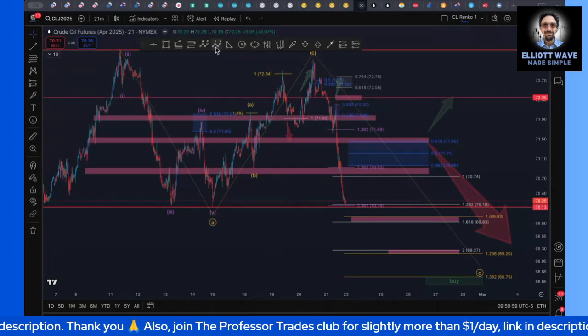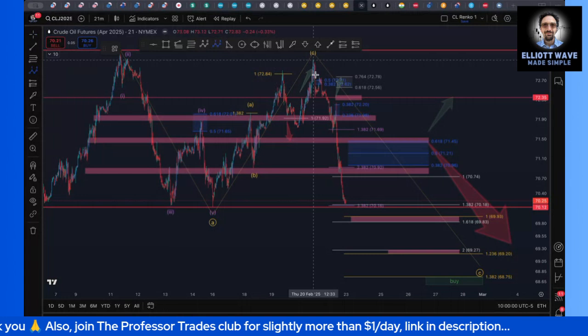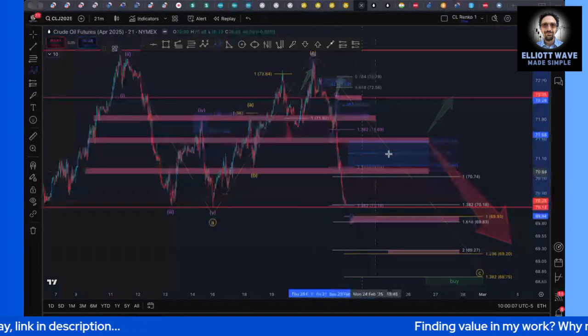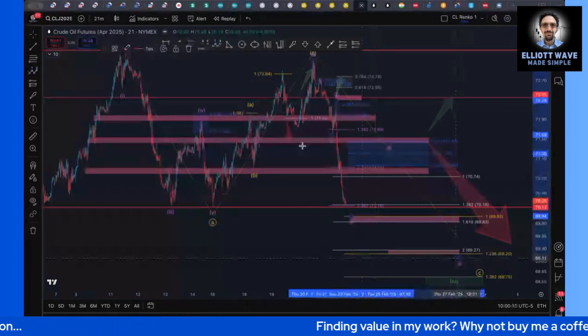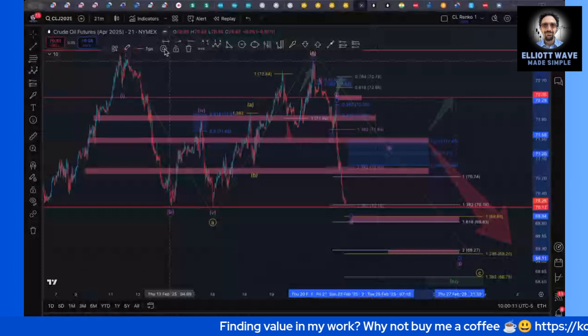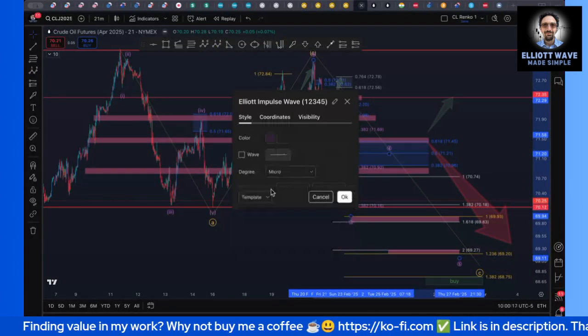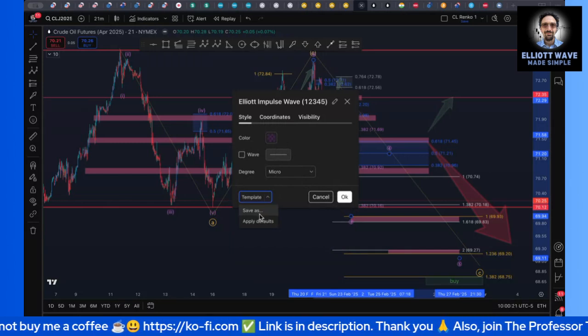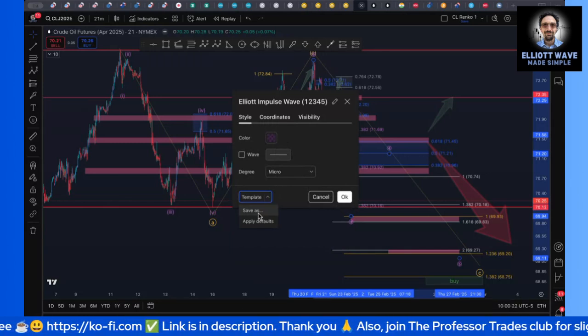Now I'm going to label these real quick for you. This is the idea: 1, 2, 3, 4, 5. So even though it's coming down in 5 waves, we're looking at it as a C wave. So that could be the termination point of this next move down.